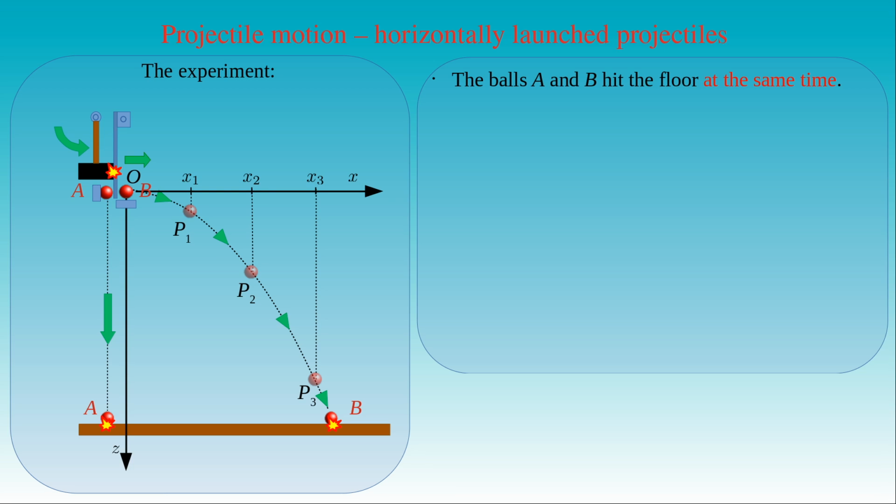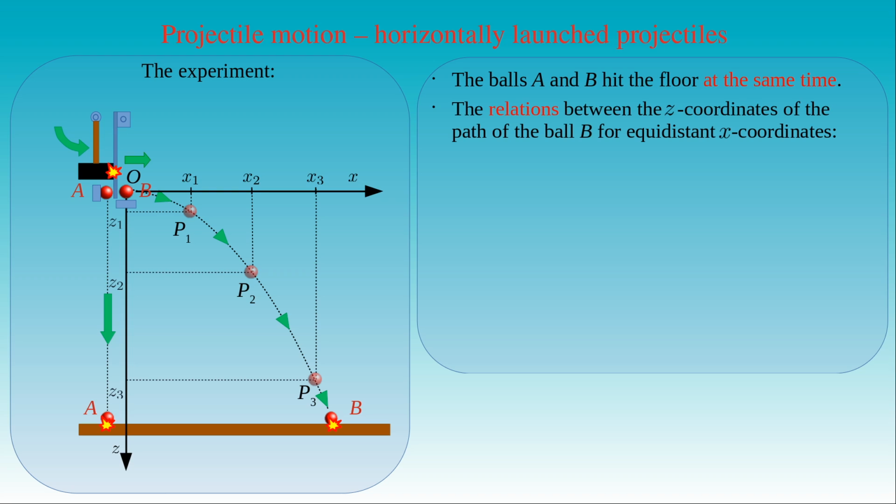By measuring the vertical coordinates z1, z2, and z3 of these points, we find the following relations between the equidistant x-coordinates and the z-coordinates. By definition, the ratios between the equidistant coordinates are given by the ratios 1, 2, and 3. For the vertical coordinates z1, z2, and z3 we measure the ratios 1, 4, and 9.